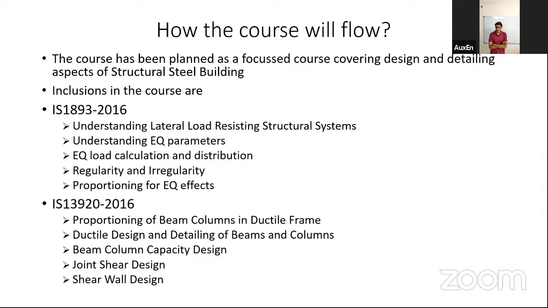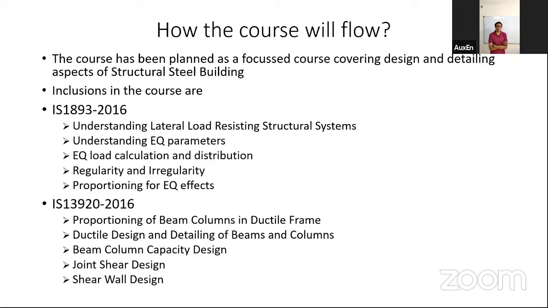So under IS 1893, we would start with understanding of what is a lateral load resisting system. What do you understand by a lateral load resisting system? Then we will try to understand what are the earthquake parameters. You must have heard these words: zone factor, response reduction factor, importance factor, time period, spectral acceleration.